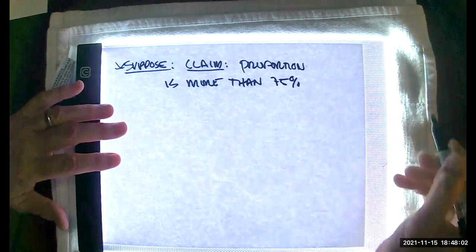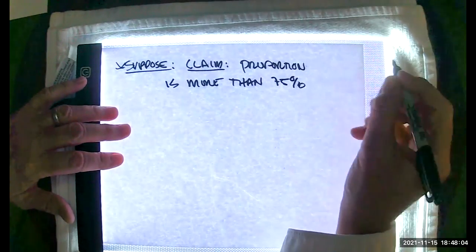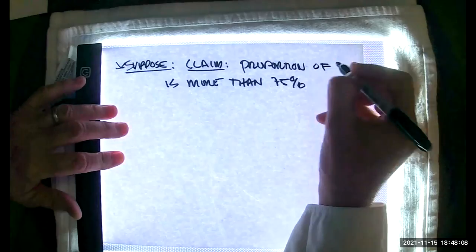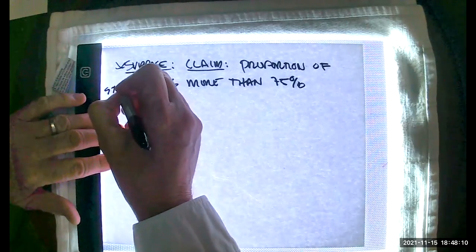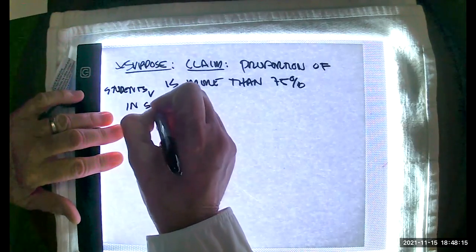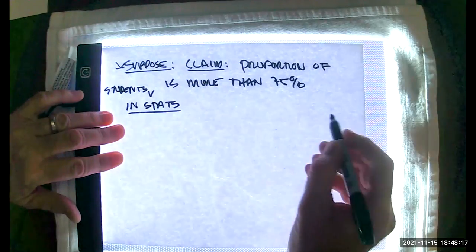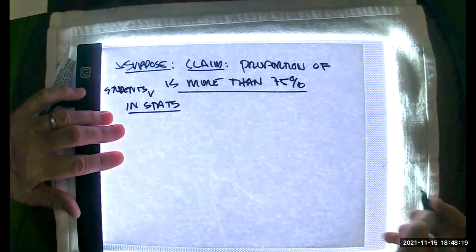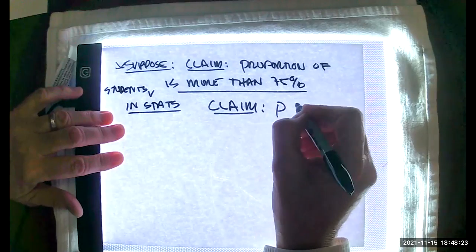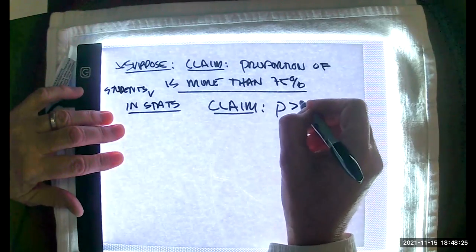I'm not sure what we're measuring. The proportion of students who take stats. In stats, there we go. It's a little sloppy, but I'm sorry. It's more than 75%. So I translate that claim. P is greater than 75%.